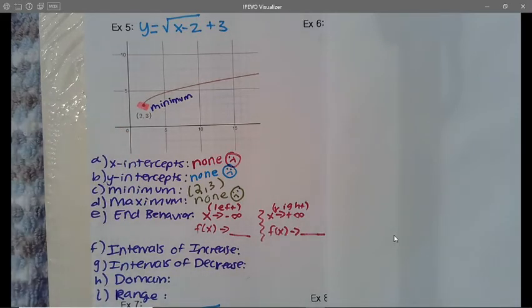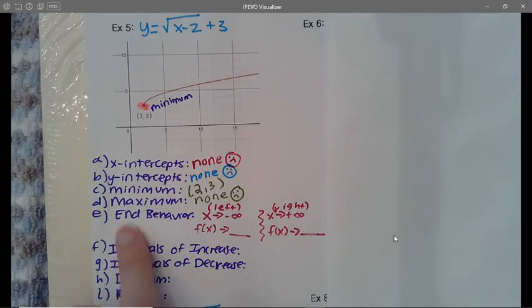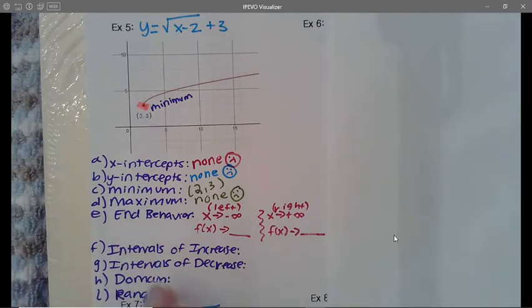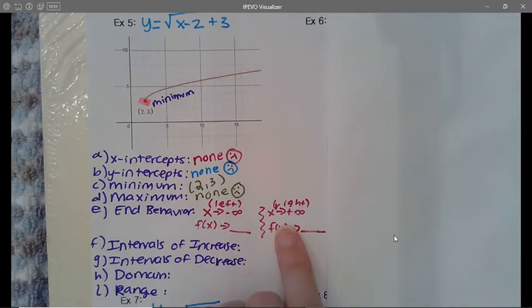But anyway, so the end behavior. This will be done the same way as when we had a quadratic graph. Remember, with end behavior we want to know what's happening at the ends of the graph. Basically, we want to know where the graph is approaching as x heads to negative infinity, which is the left side of the graph, and where y is approaching as x approaches positive infinity, on the right side of the graph.